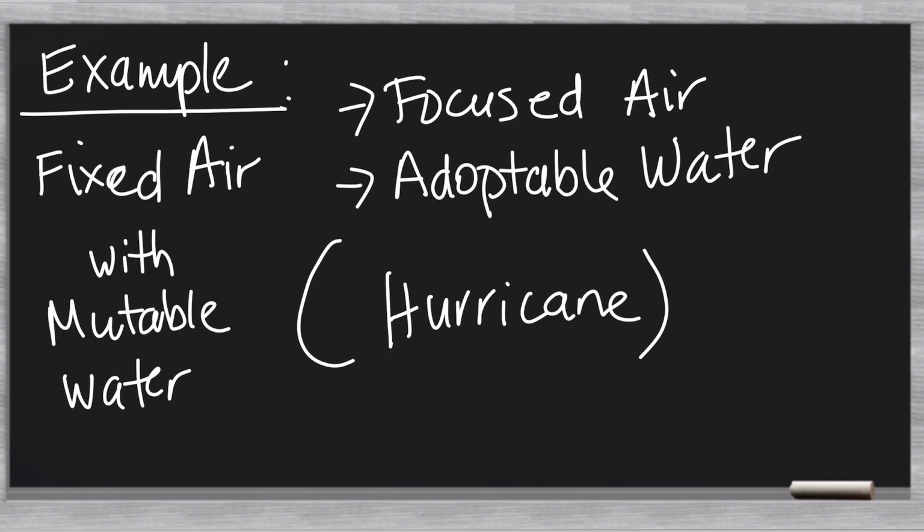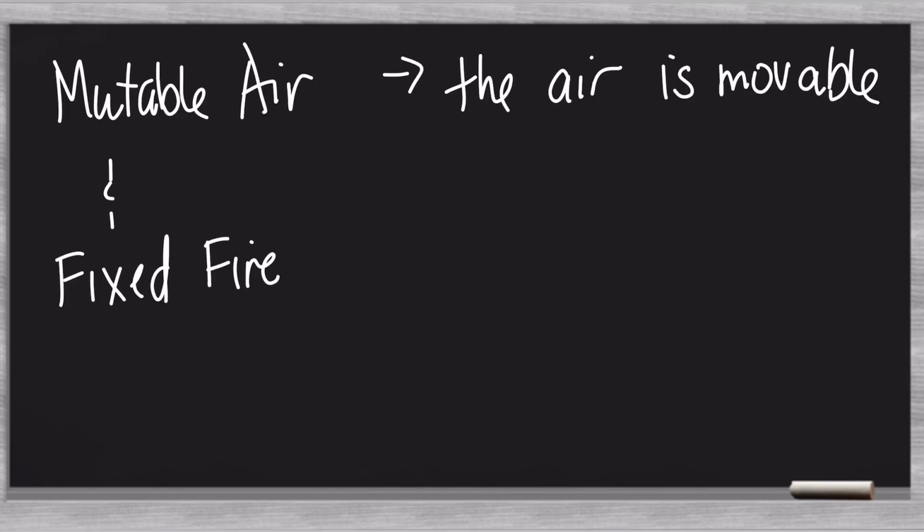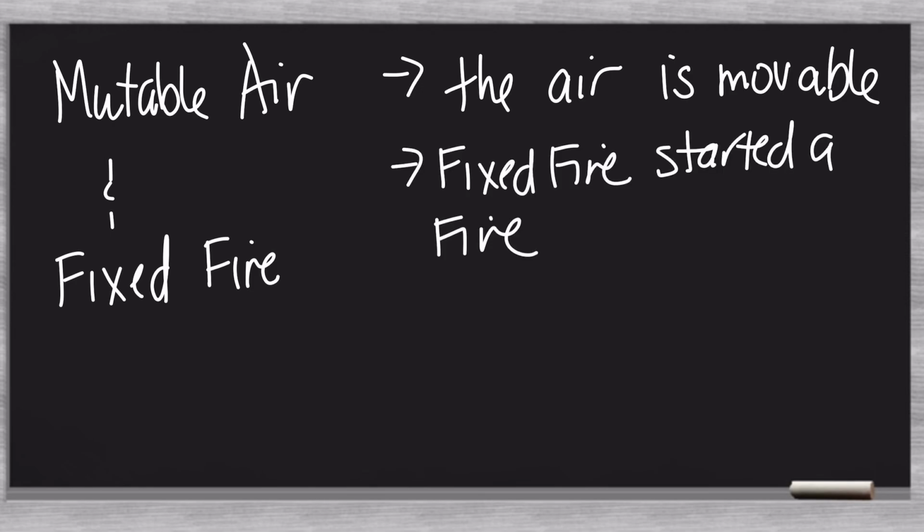Now, if you have a relationship, one person is this and another person is this, then their relationship will produce this. So now you can see how we look at charts and how we see whether they work well together, or they're fighting each other, or they're helping each other. So mutable air and fixed fire. So the air is movable, and the fire is fixed.